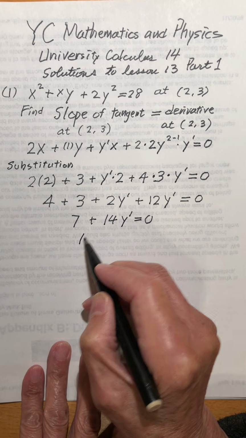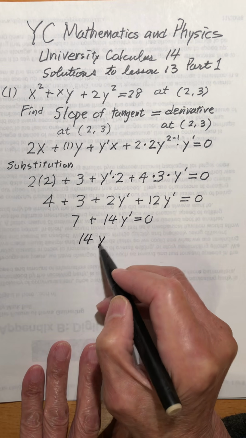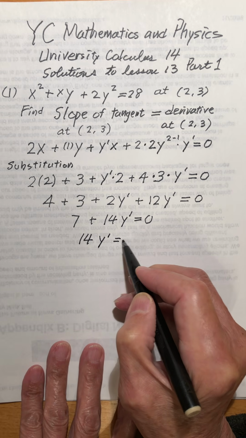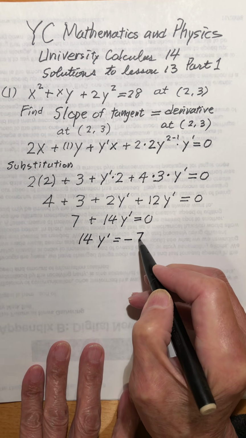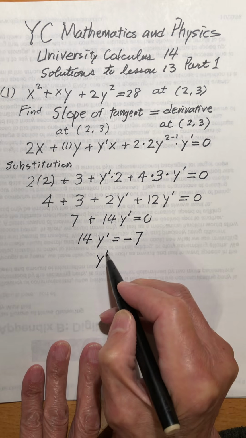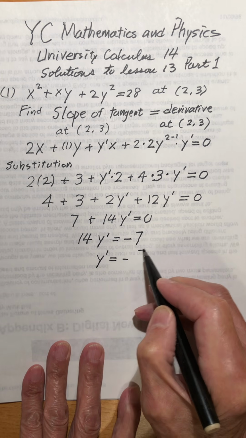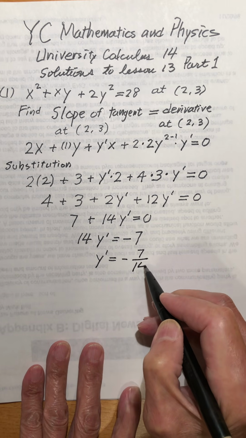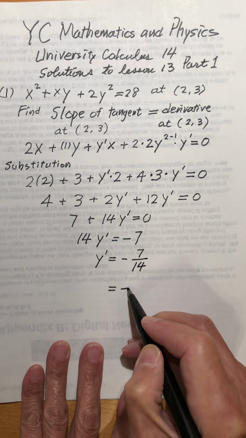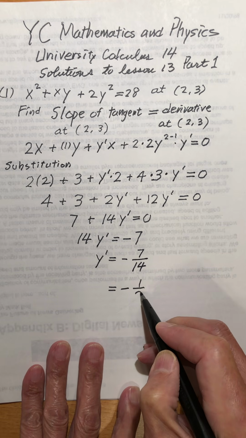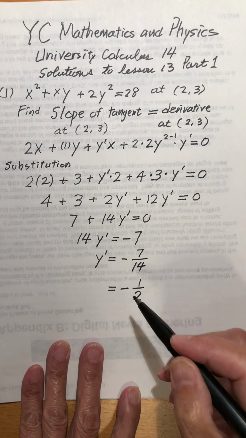So this means 14y prime is equal to negative 7. Y prime is negative one half. This is our answer.